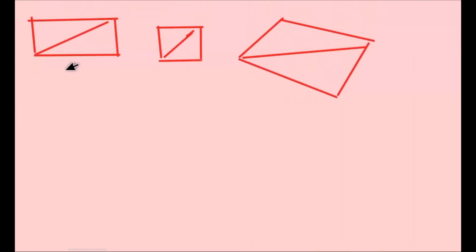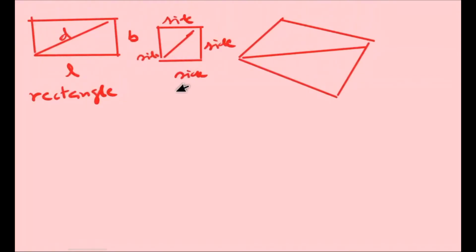Now let this be length, this be breadth, this be diagonal. Okay, this one is the shape of a rectangle, right? And this is a side, and this is also an equal side. All sides are equal here. Then this is a square.